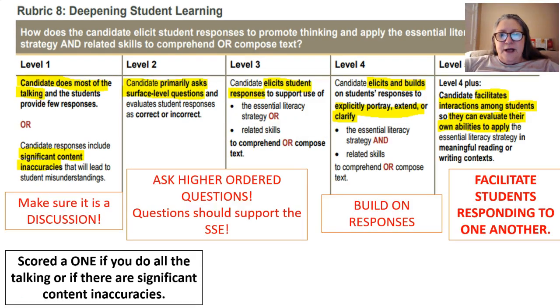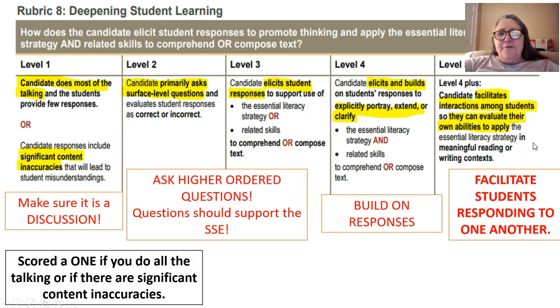I'm going to go back just for a second to the literacy one. So it's important that you notice this is level 4 plus. So that means that you have to get all of this and this. So you want to facilitate interactions among students, but notice they add another little layer here at the literacy, so they can evaluate their own abilities to apply the literacy strategy.